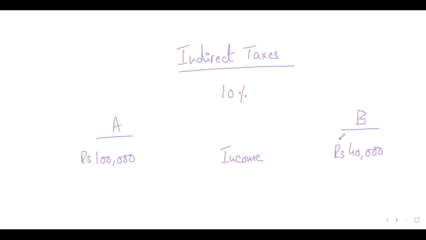I mean, the basic food consumption that we need for a healthy life or a healthy diet is more or less the same. So it would be fair to assume that both of them spend the same amount on buying groceries.